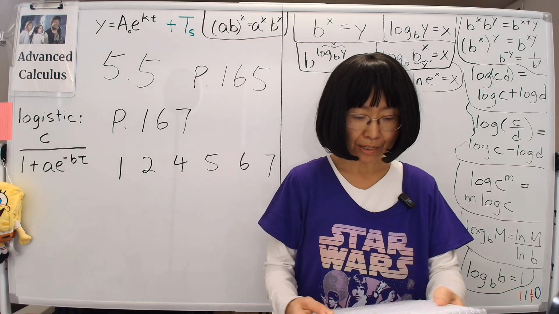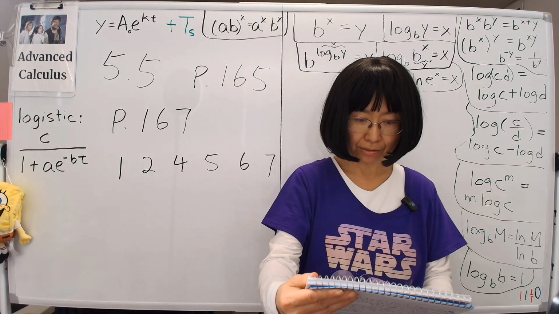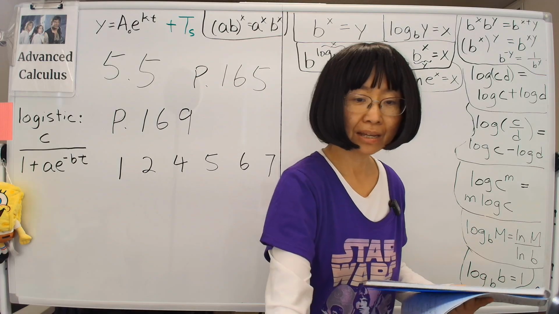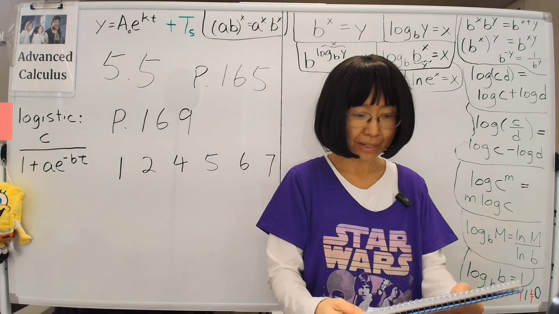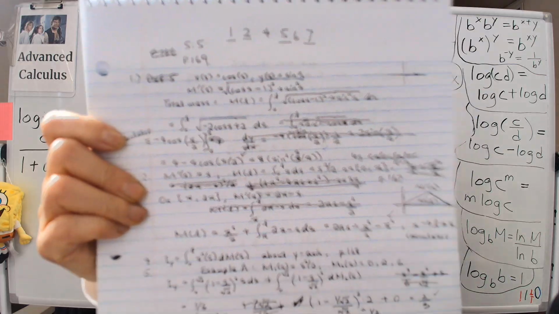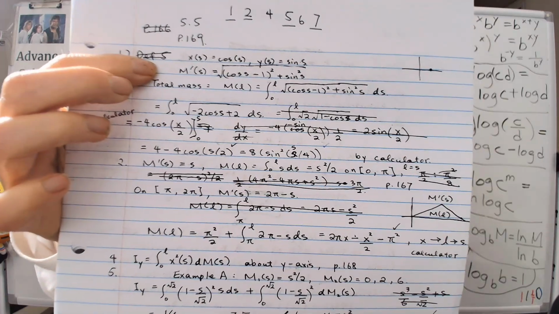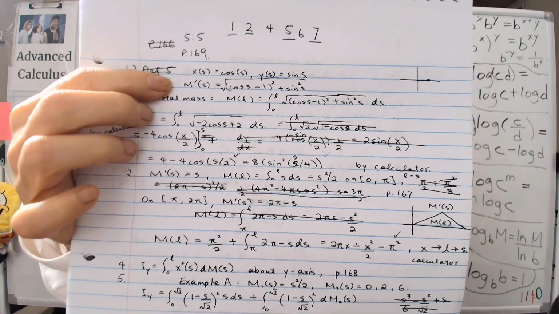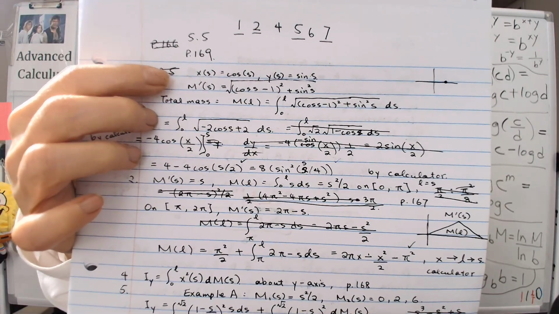Okay, so let's look at problem 1 on page 169. Not much happening here, really. We have x is cosine, y is sine, and m prime is a slap on the Pythagoras theorem of the distance of something.